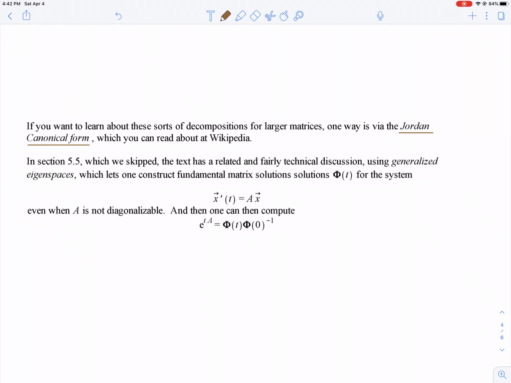So that means there's some matrix P so that P inverse A P is one of these almost diagonal matrices.